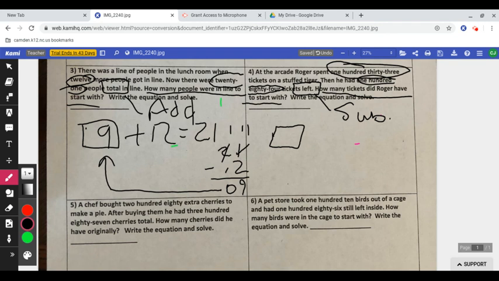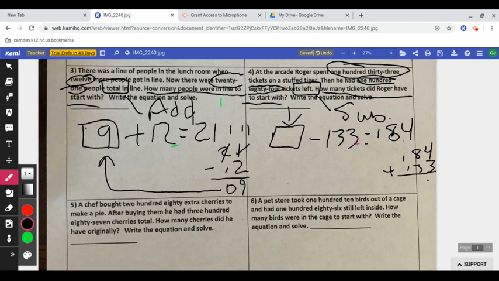I do, however, know that he spent 133 of his tickets, and then when he counted it up later, he had 184 tickets left. I need to figure out what number goes in the box, and I need that number to be bigger than 133. How do we make numbers bigger? We add them. So 184 plus 133.